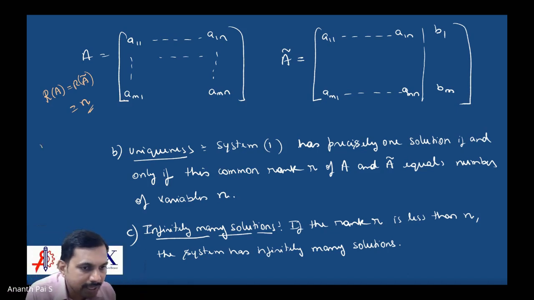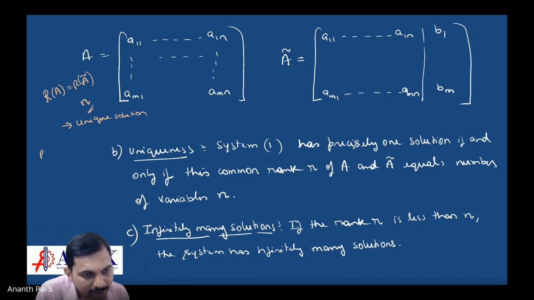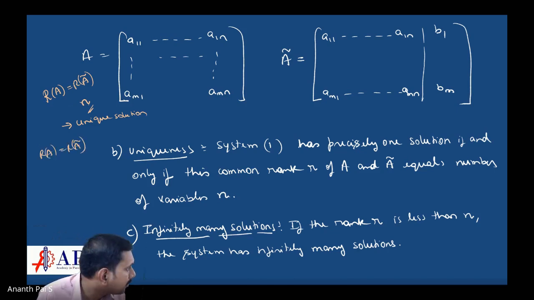If the rank is equal to n, this is a unique solution. If the rank of A is equal to the rank of A augmented and is less than n, then infinitely many solutions.